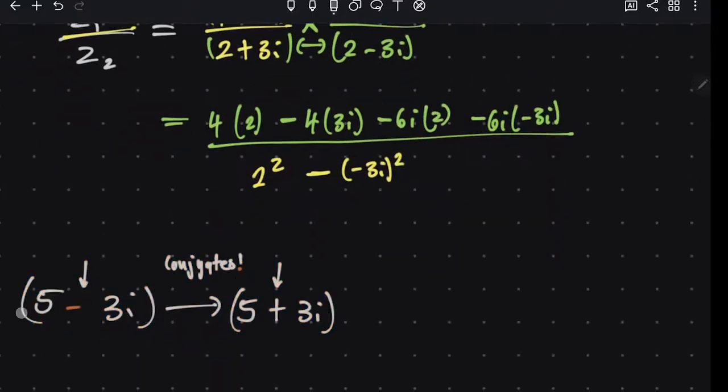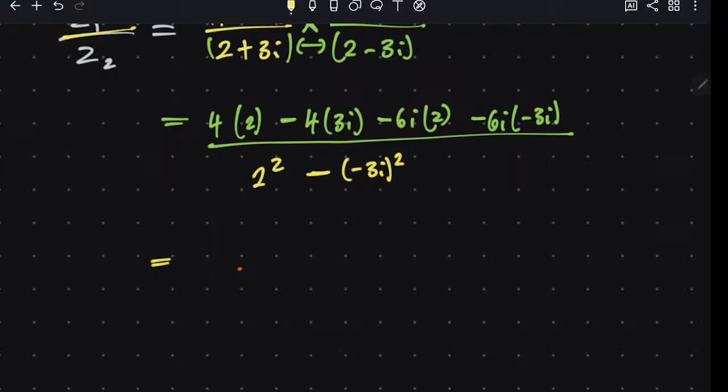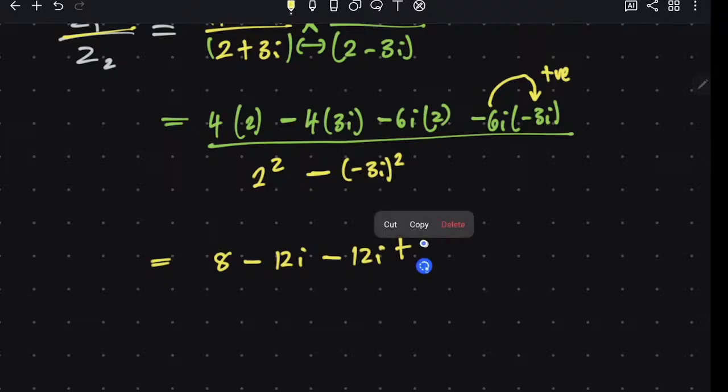So here, what will you end up getting? 4 by 2 is 8, minus 4 by 3, that's 12i, minus 6 by 2, that's 12i as well. Then here you have minus times minus, it becomes positive. Can you see this?